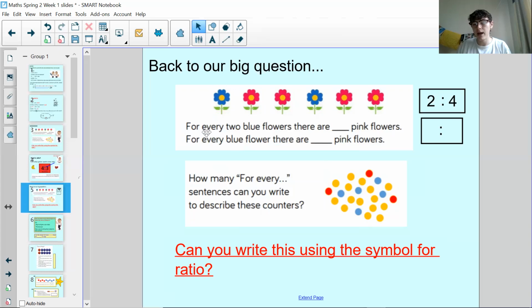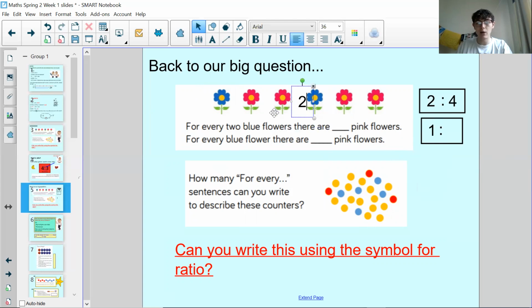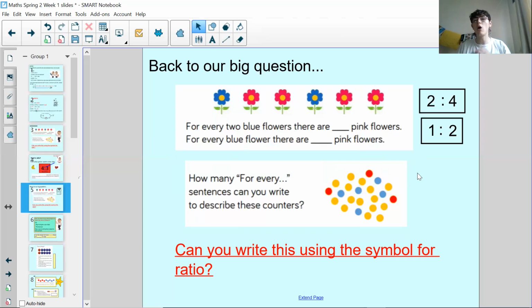For every blue flower, there are 2 pink flowers. When there are 2 blue flowers, 1 here and 1 here, there are 4 pink flowers, okay? So this is what our ratio does. It tells us this information by comparing the 2 different values, okay?